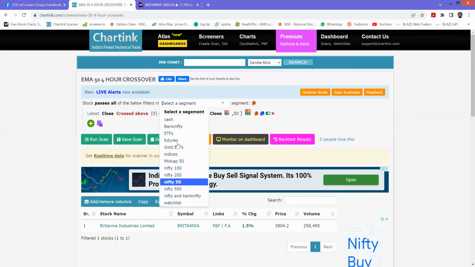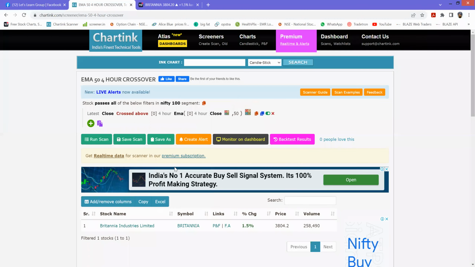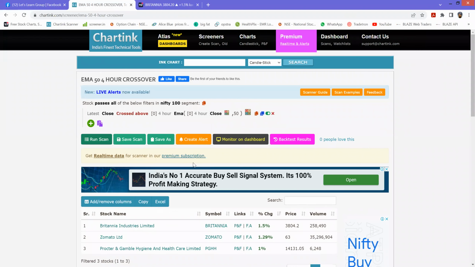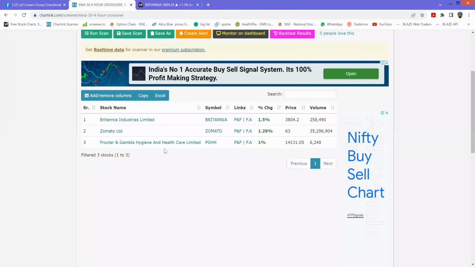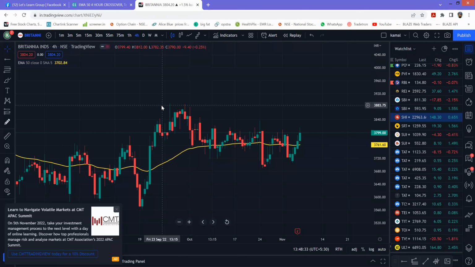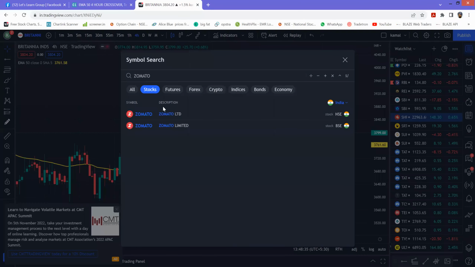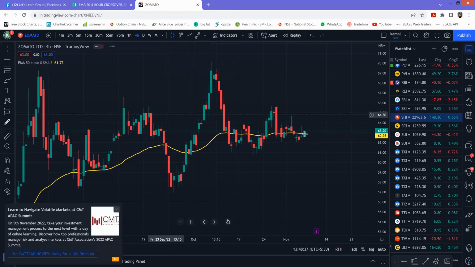Now we increase the duration, and the next stocks in the scan are Zomato and Procter and Gamble. So let's see Zomato. Just now this candle has closed above it. 63.30 is the entry level for the stock.